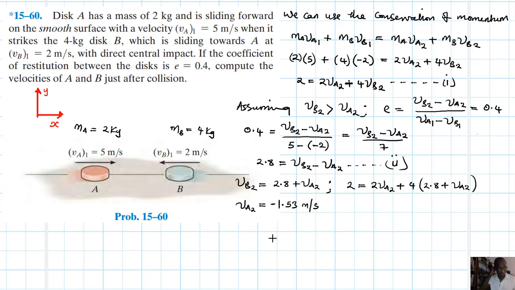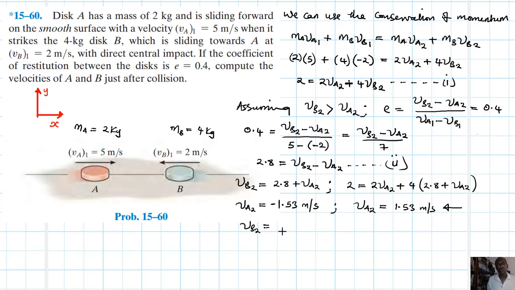meters per second. So it means vA2 is going to go this side. Therefore, we can say vA2 is 1.53 meters per second, and is going in the opposite direction, which is this direction, like so. And then we do have our vB2.